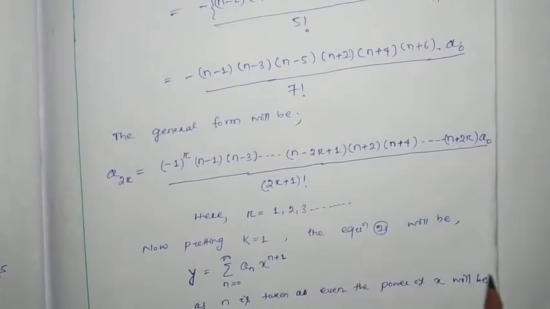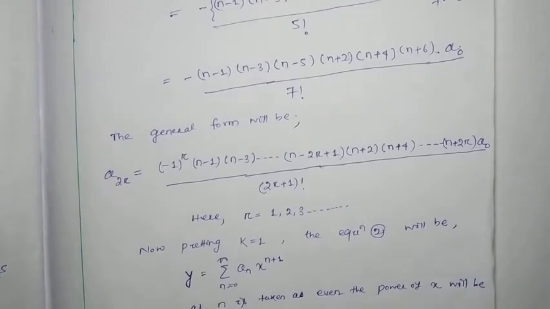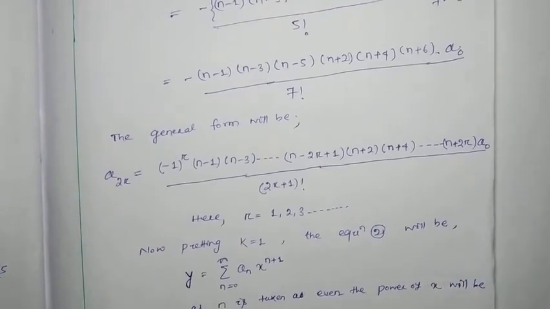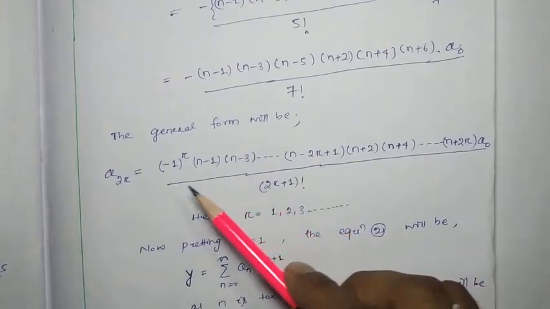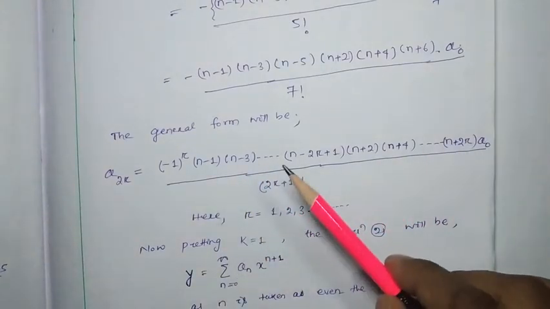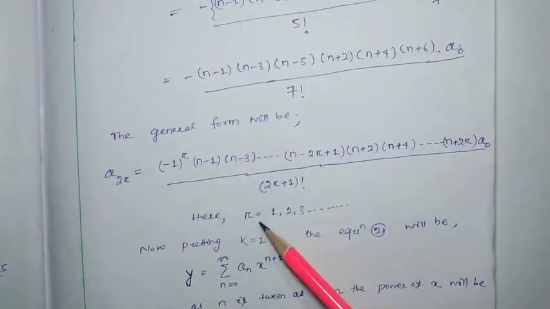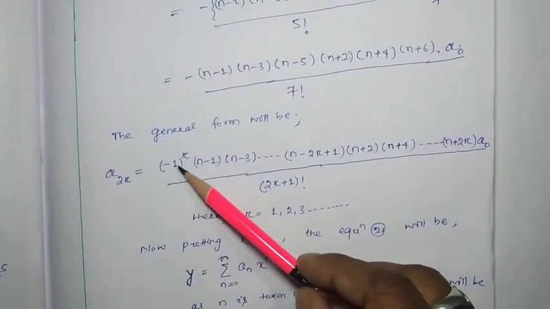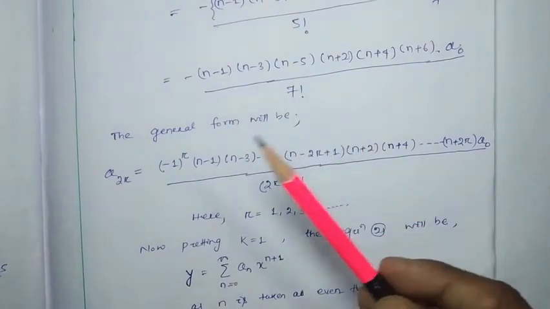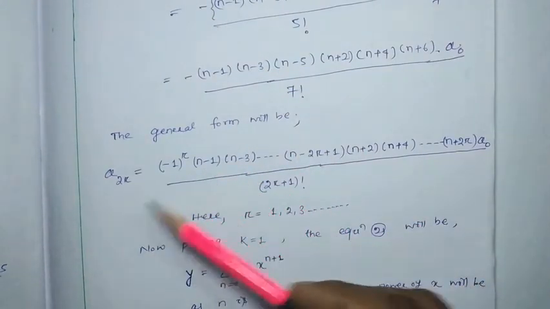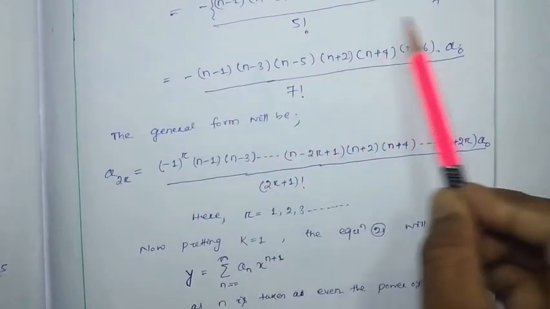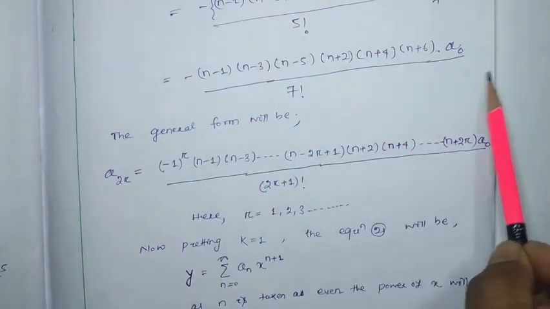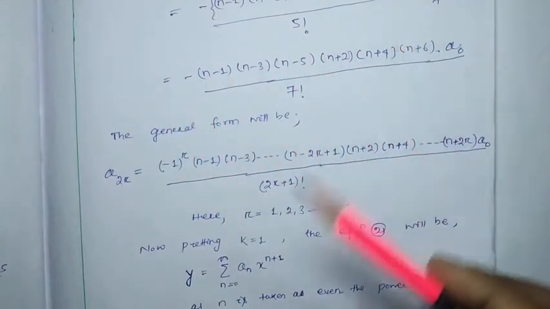For our confirmation, we just validate whether the general form we have written is correct or not. So here r is 1, 2, 3; consider 3, so a6 value is this much, you just validate.